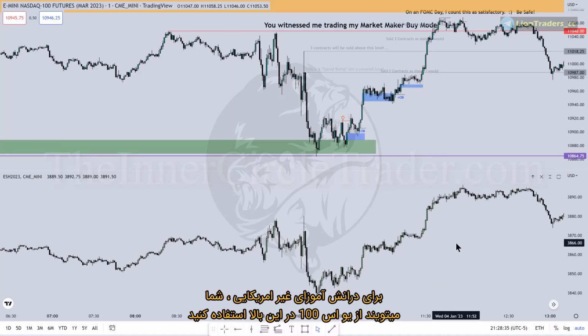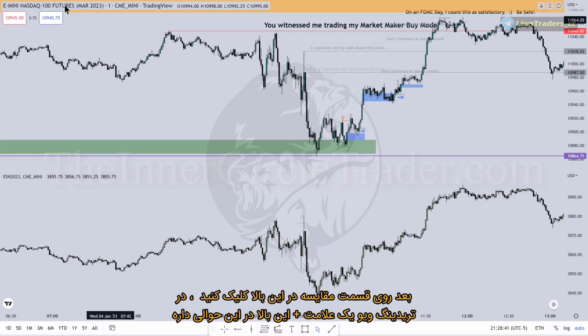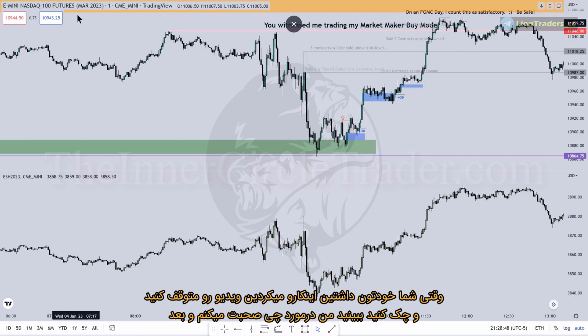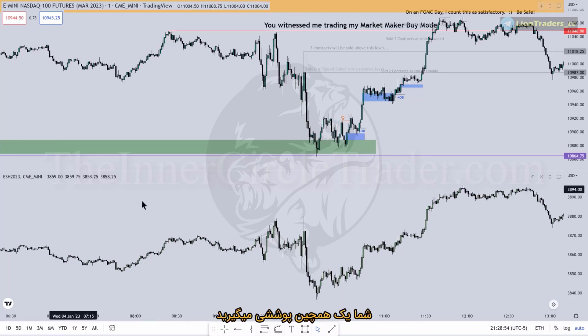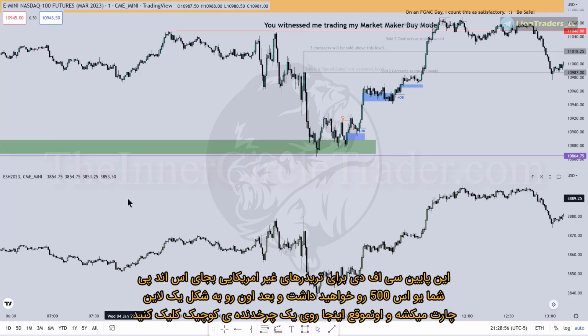Now, for non-US students, you can be utilizing the US 100 up here, and then hitting the compare feature up here, which has a little plus symbol on TradingView up in this area. Look up on when you're doing your own. Pause the video if you want to go check and see what I'm talking about. And then to get the overlay like this down here for ES for a non-US market, use the CFD for US 500.